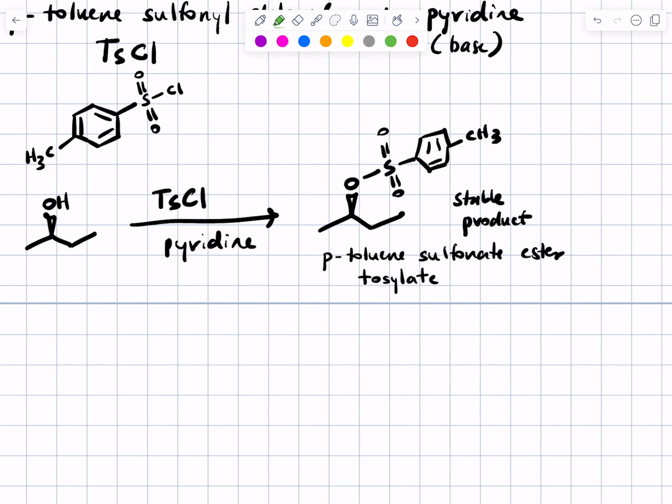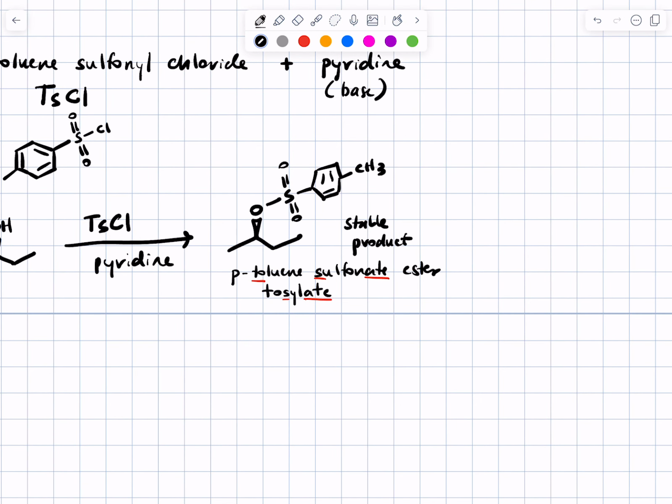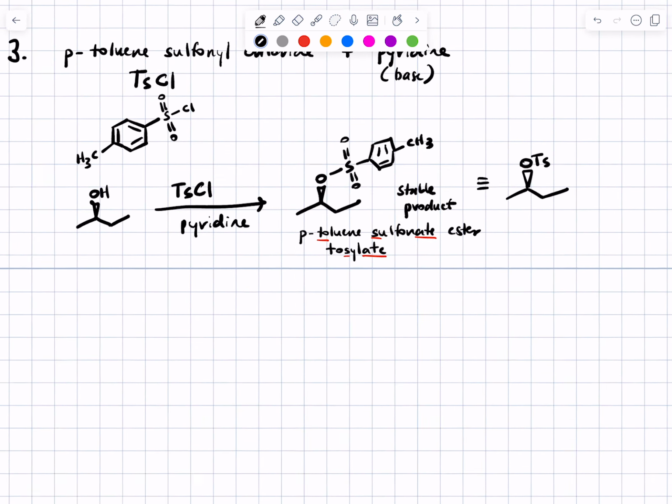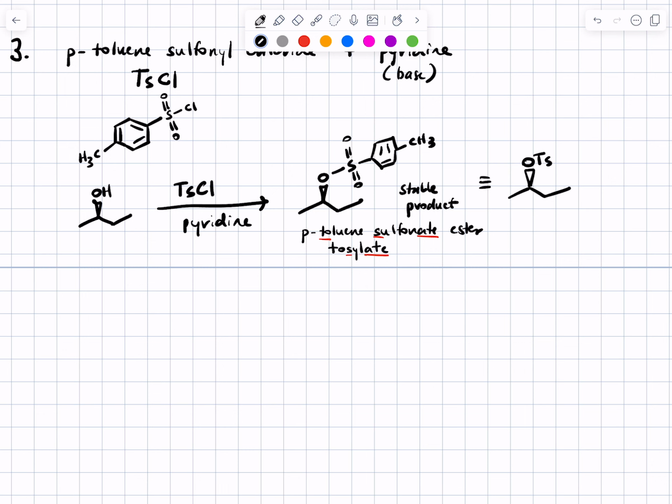So there's the TO for to, S, sil, and ate. Okay, and often chemists will not actually draw out all of that. They will simply abbreviate that as OTs. Okay, so that's going to have stereochemical consequences.